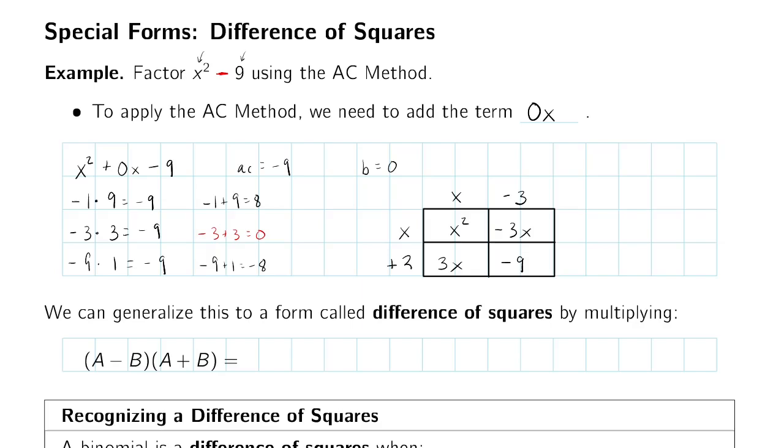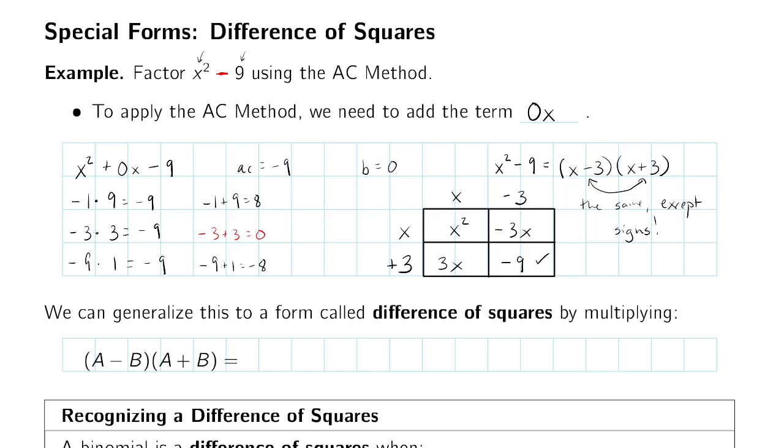I need a +3 in the second row, and +3 times -3 really is -9. We find that x squared minus 9 factors using just our regular methods as x minus 3 times x plus 3. And so what we notice is that these two factors are the same except the signs.